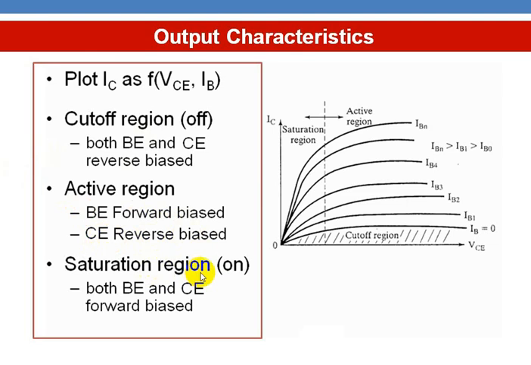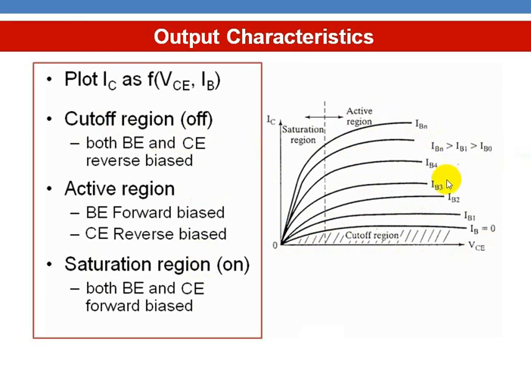In the saturation region, both junctions are forward biased. So in the saturation region, the device will be fully conducting current. The active region is this region, and the cutoff region, this part. When the base current is made zero, the transistor will not be conducting current, it will be in the off state. So in the saturation region, the transistor is fully on, and in the cutoff region, it is completely off.